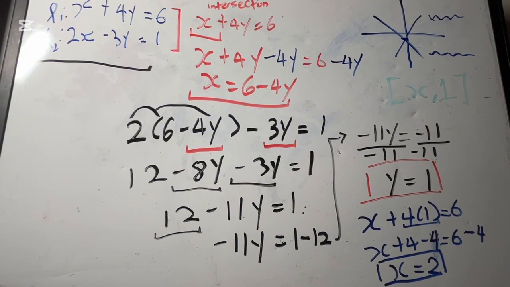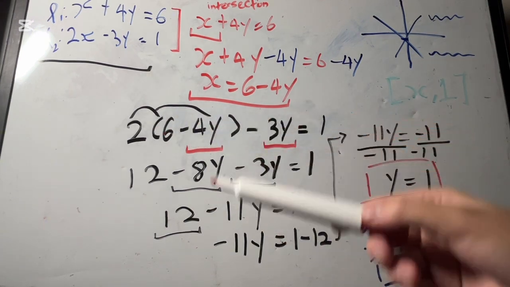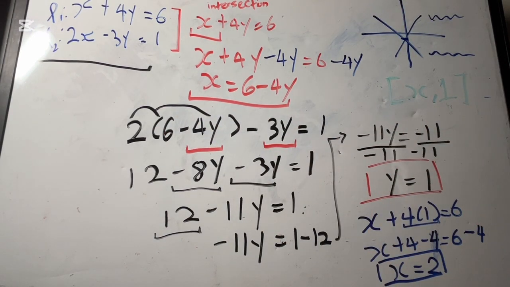So take it in slowly and look at what we've done so far. We've essentially taken one of the equations, found the equation for x, plugged that back into the second equation, as I've said before, here in black, and then solved for y. Once we had the y value, we plugged it back in to find the x value.